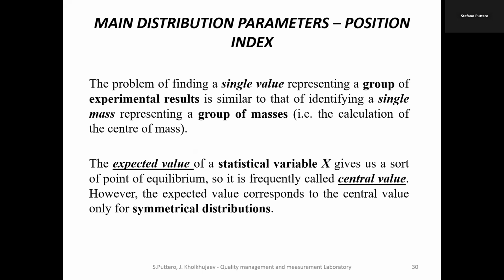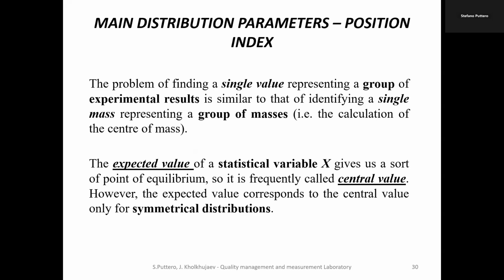So consider, if you will, several physical masses distributed along a line. To find a single point that represents the balance point or the center of mass of these distributed masses, of course, you will calculate their centroid.